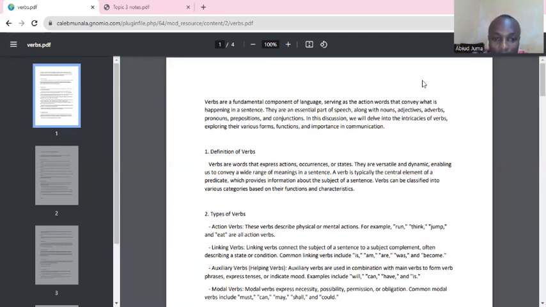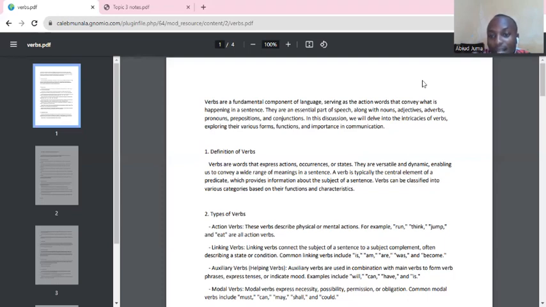And the first one, we are going to start with the definition. Before you explain anything, before you give an example of anything, you must be aware of what it is. Now, definition of verb. Verbs are words that express actions, rather, occurrences or states.